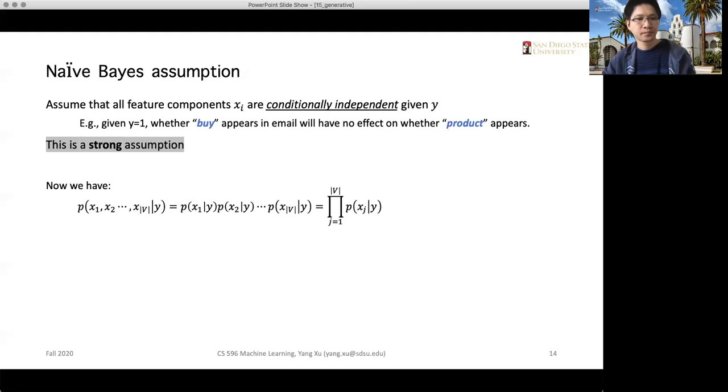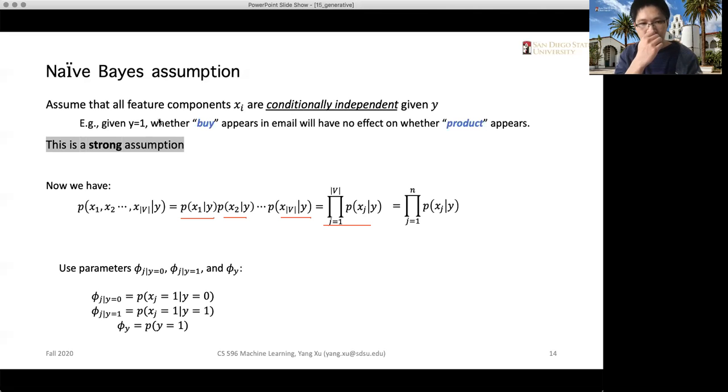Given this assumption, we can now decompose the probabilities of all the words in the vocabulary given Y into a series of products, because all the words are independent. So we can use the product of the probability of x1 times x2 times xv, and so on.